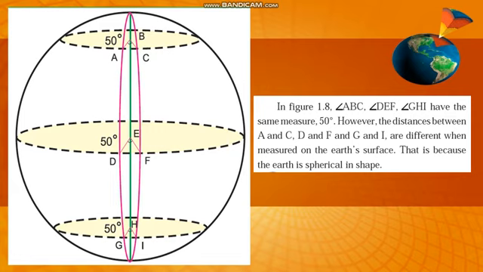But the distance between A and C, the distance between D and F, and the distance between G and I are different. The distance between D and F is greater than the distance between A and C and between G and I. This is because the Earth's shape is spherical.